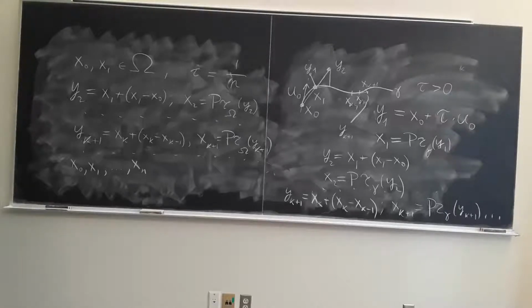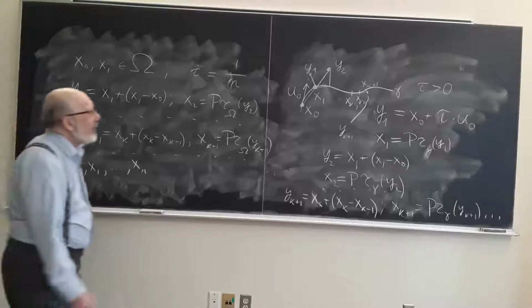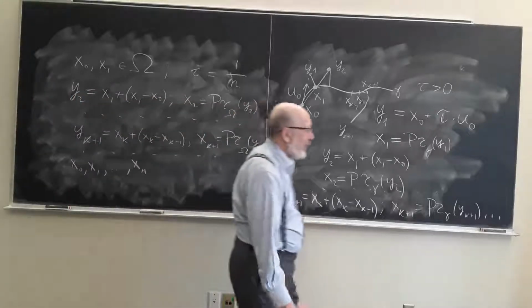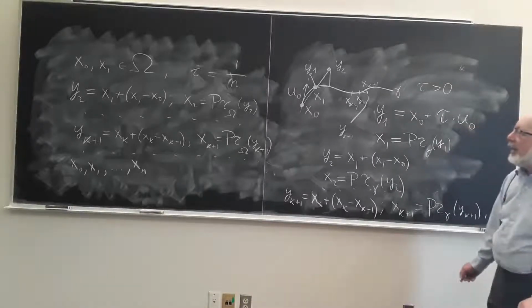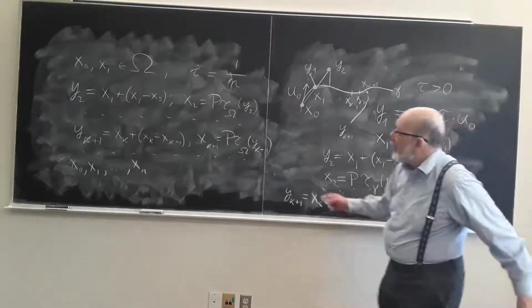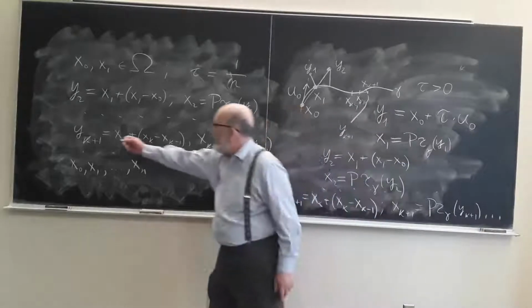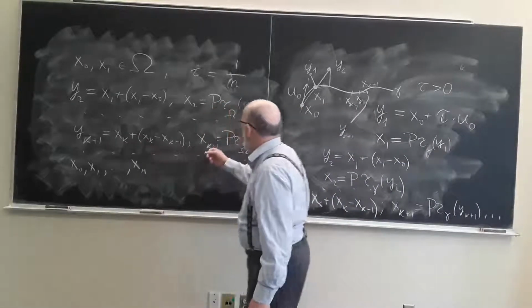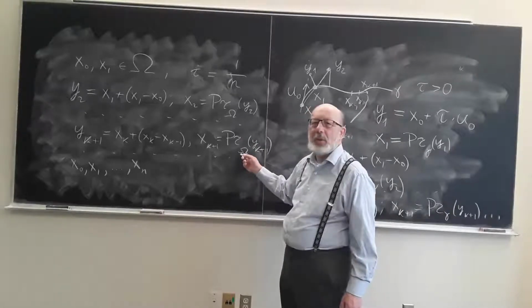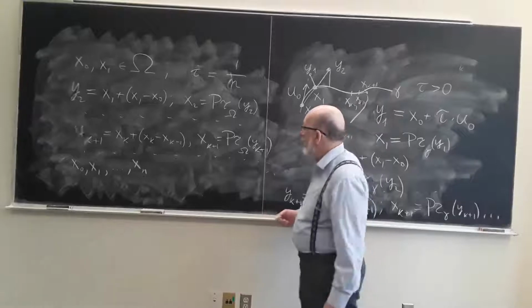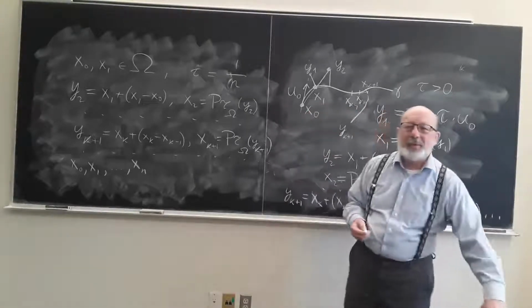Here comes one thing immediately. This first step is clear. What about this step? Here we have a projection. What is projection? The closest point. But the closest point can be non-unique.